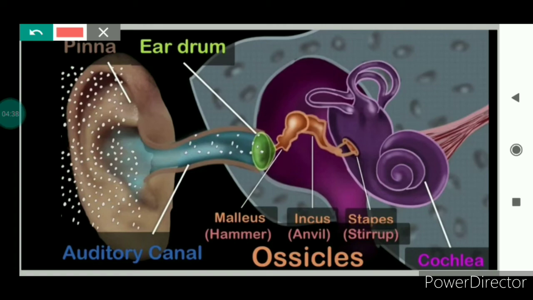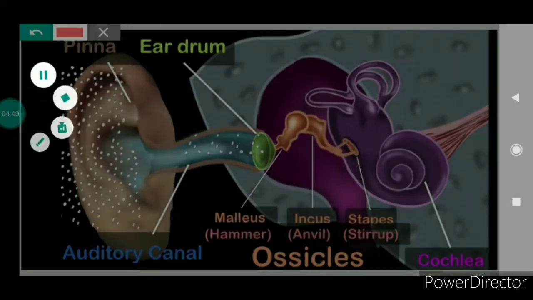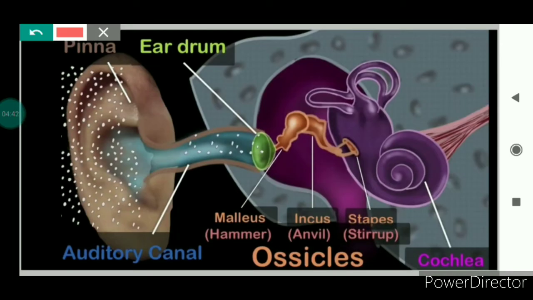So now let's understand the working of this. The sound waves are collected by the pinna of the outer ear. These sound waves pass through the ear canal and fall on the eardrum. When the sound waves fall on the eardrum, it starts vibrating back and forth, and the vibrating eardrum causes the small bone hammer to vibrate.